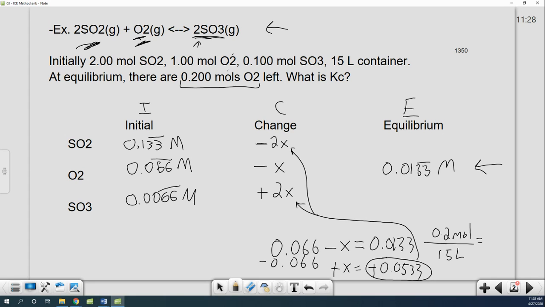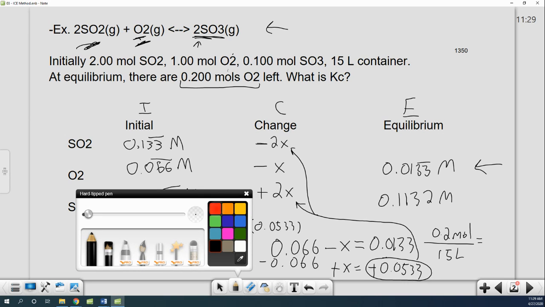So I have to take this number and add: 0.0066 plus 2 times whatever my x was. At equilibrium, this one's going to be 0.1132.